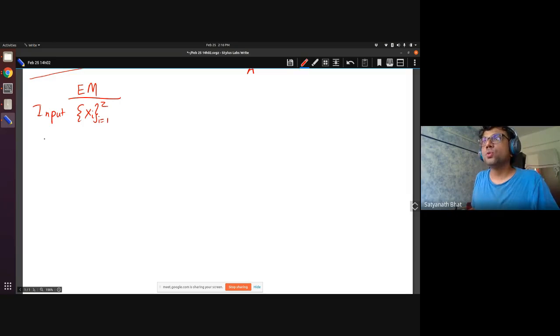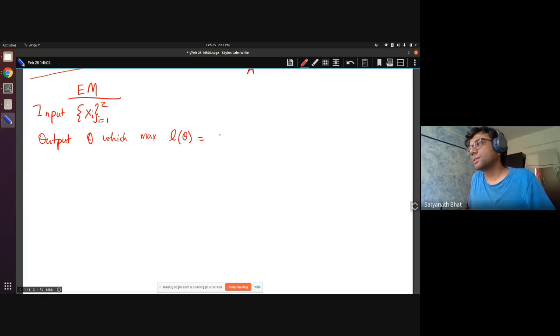What you want to do is find theta which maximizes the likelihood of theta, which is basically argmax of p of x given theta. You want to find a parameter theta which best explains this x.